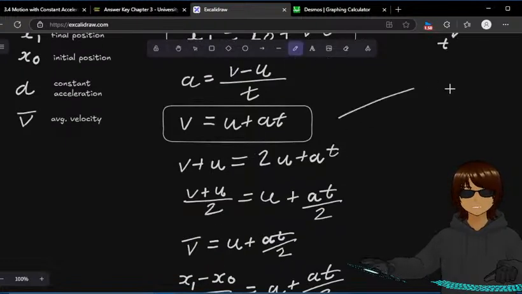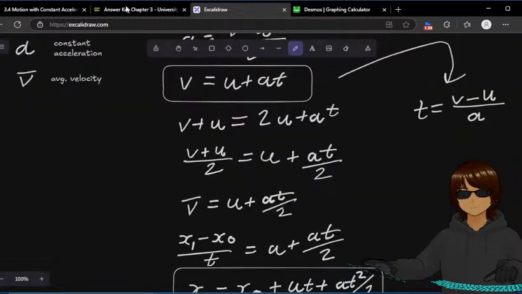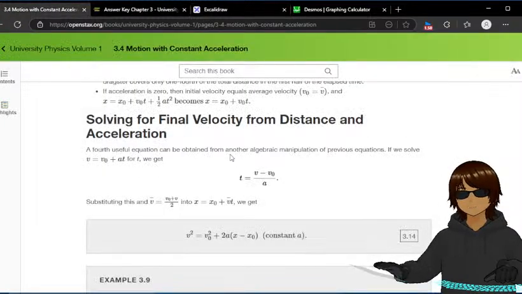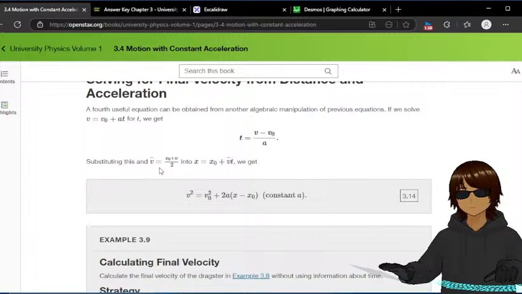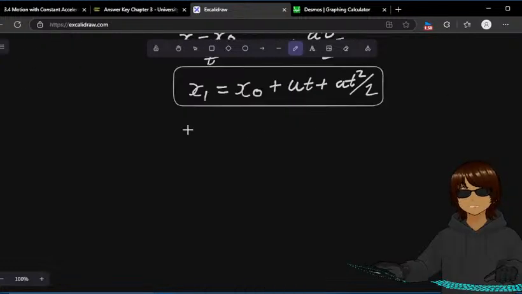Let's just put this here: t is equal to v minus u over a. And substituting this and this into this, I think it's better if I write here.